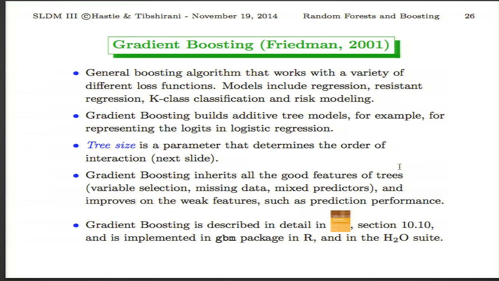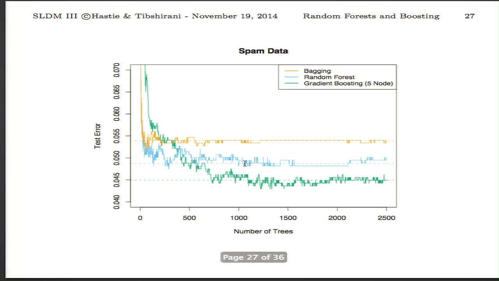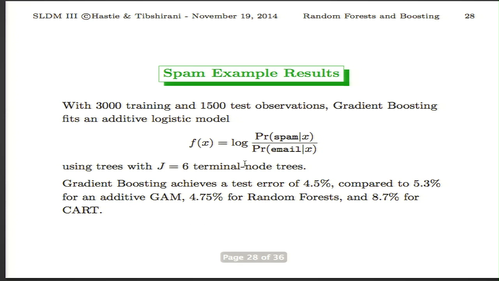There are details that you can read about in our book and elsewhere. The one thing I want to tell you is that tree size turns out to be an important parameter in the story. Okay, and I'll explain that in a few slides.